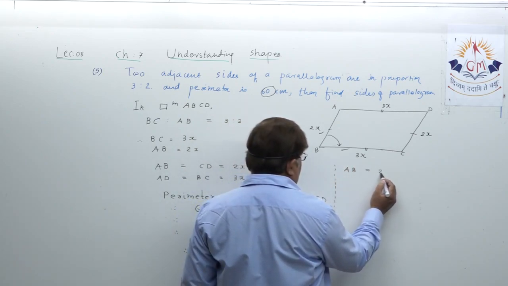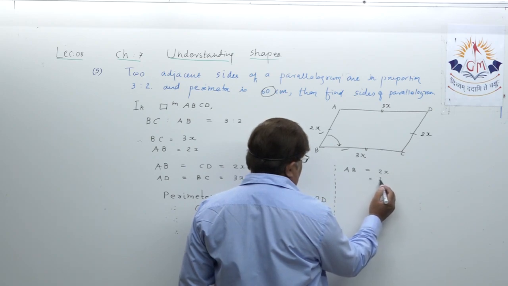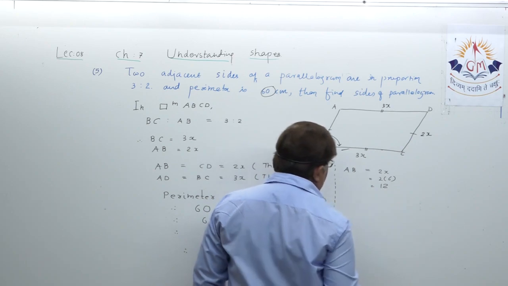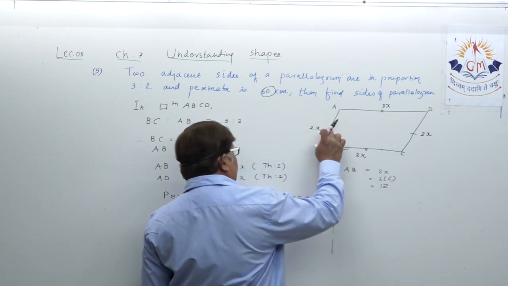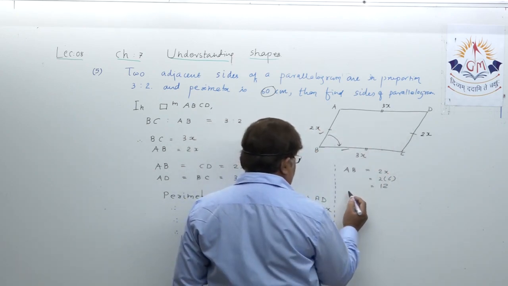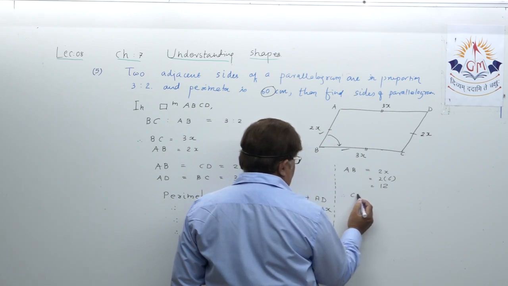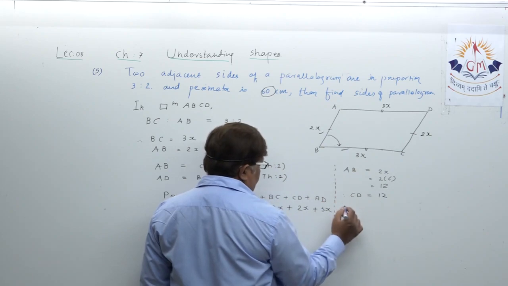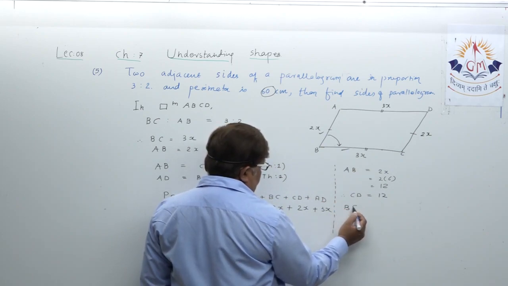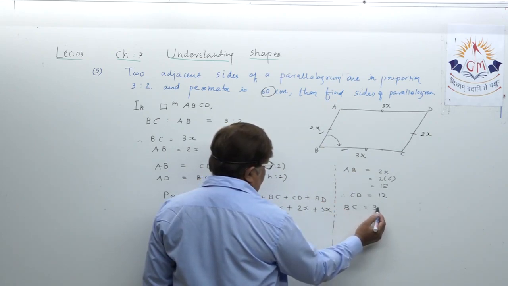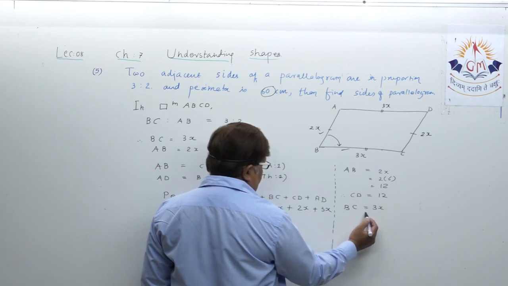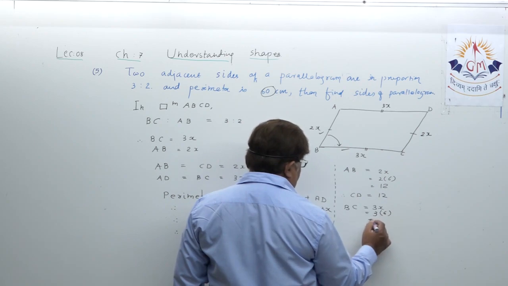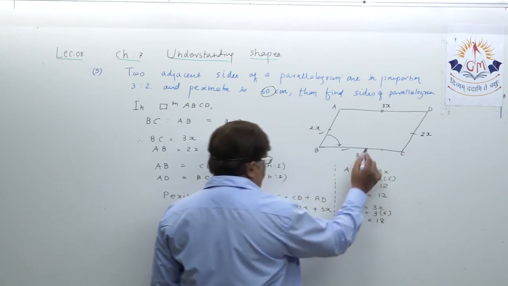AB equal to 2x. 2 into 6, that is 12. Once you got AB, you got CD, which you have to mention. CD equal to 12. Similarly, BC equal to 3x. 3 into 6, that is 18.